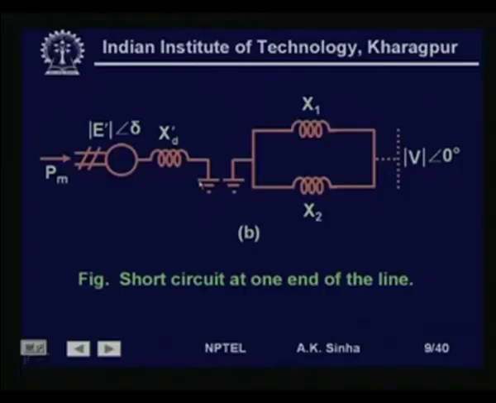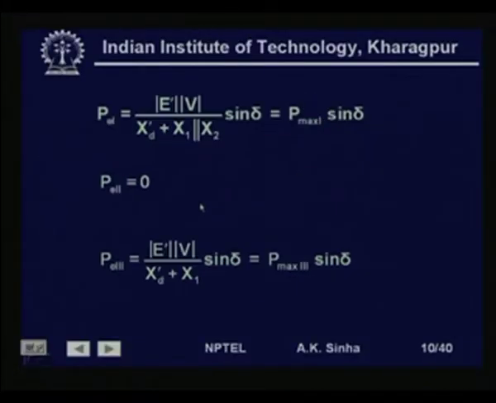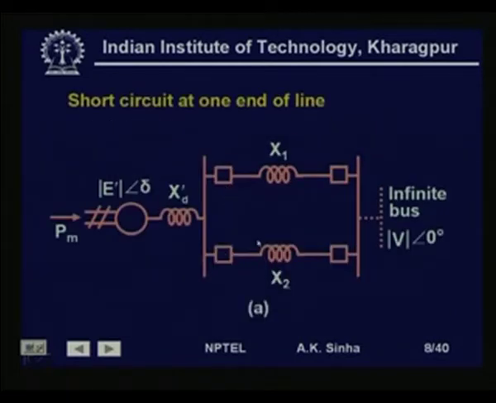And after this, if we switch off this line, that is, this fault which has occurred on this line at this end will be isolated by opening of these two circuit breakers, because this fault will be sensed by the relay and the relay will send a signal to the circuit breakers at these two ends to open.